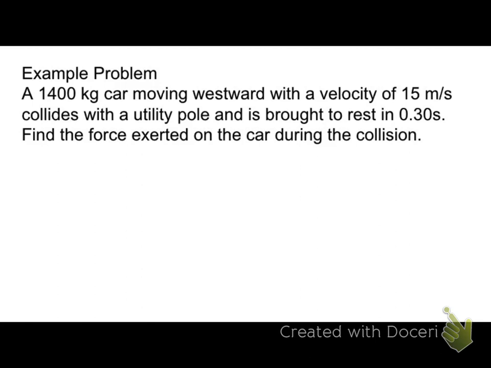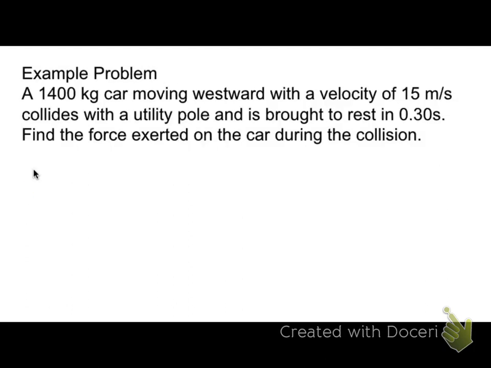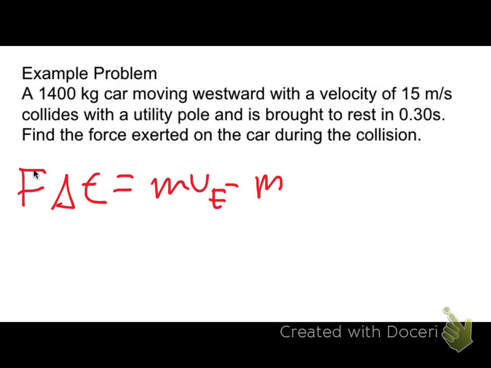So what we're going to do is take that impulse momentum theorem, the force, oops, I went ahead a page, that's not what I wanted. There we go. Force times change in time equals the change in momentum, which we're going to write out to be mass times velocity final minus mass times velocity initial. Okay?